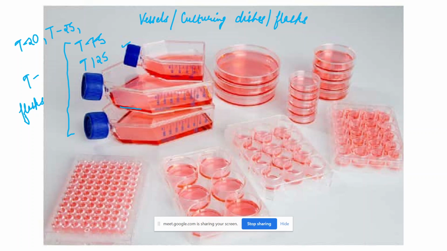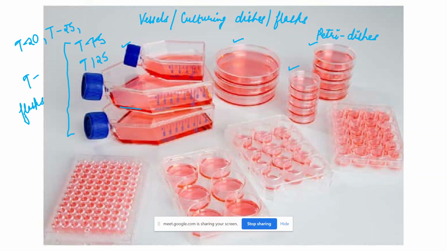However, there are other dishes also which are used for growing and maintaining cells, and they serve a slightly different kind of purpose. For example, these round dishes that you are seeing, these are petri dishes. And these small plates you are seeing with wells.